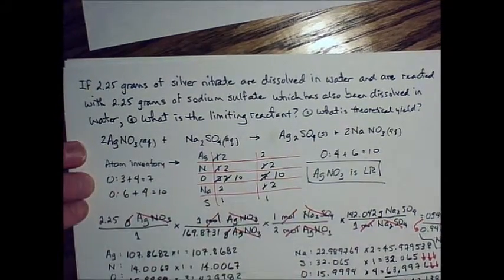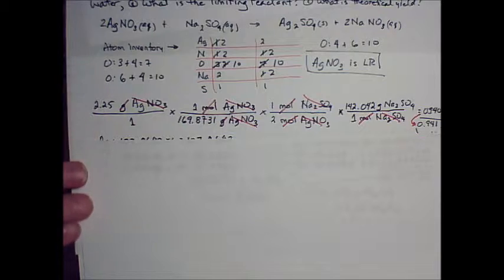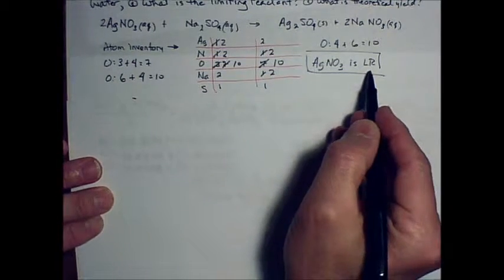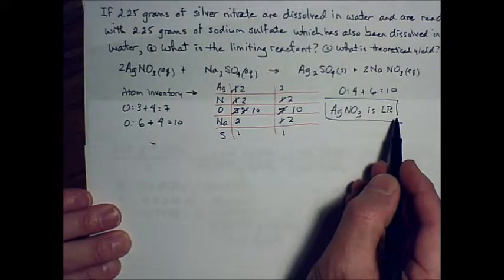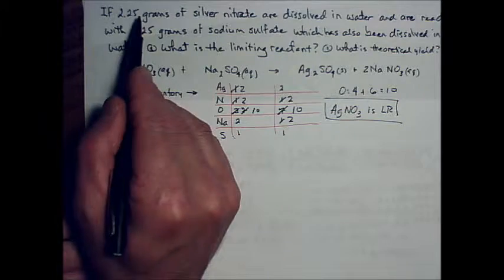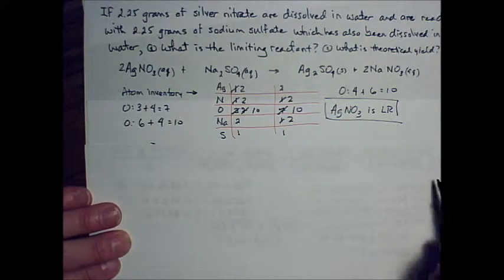Okay. So to solve for this then, we need to do a different mass-to-mass stoichiometry problem. In this case, we have to start with the given amount of limiting reactant. The given amount is the amount from the stated problem itself, not something you calculate.